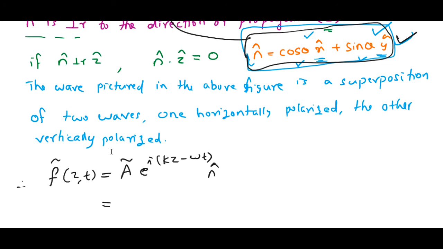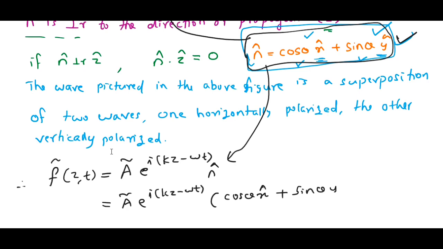Now I make the substitution to make it clear: e power i kz minus omega t into cos theta x cap plus sin theta y cap. We can directly substitute it there.